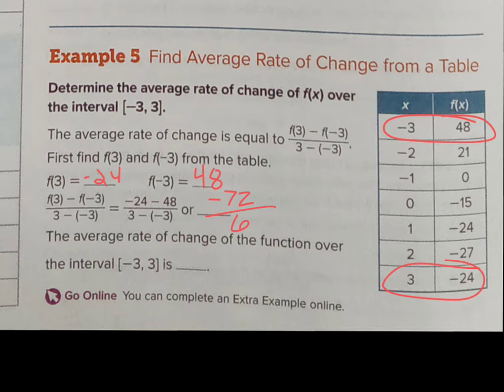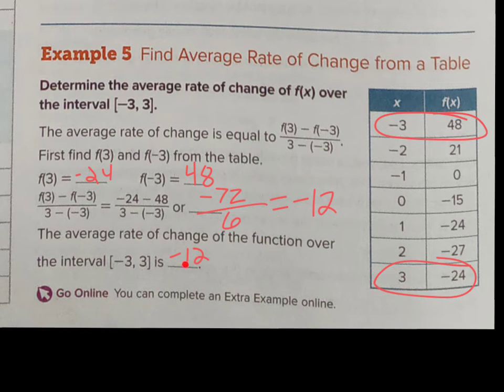And that simplifies to negative 12. So the average rate of change of the function over that interval is minus 12. Okay, and so, remember, this is a slope. So this is telling you that we're decreasing. Okay, so we started up higher and we're going lower, because that's what this negative is telling us.